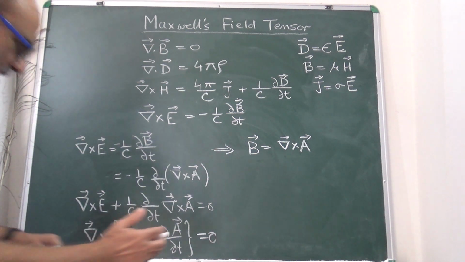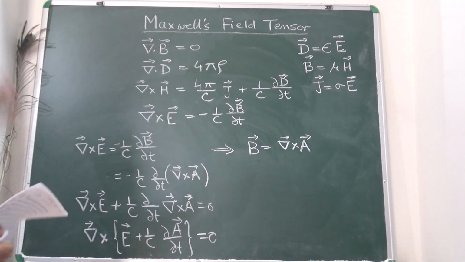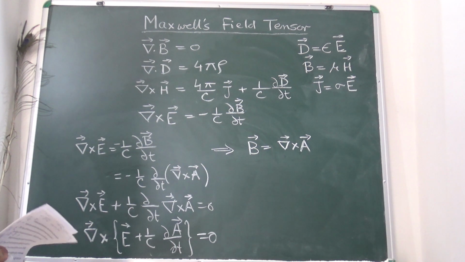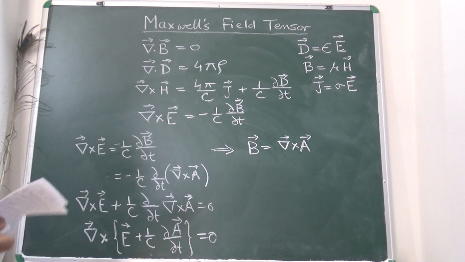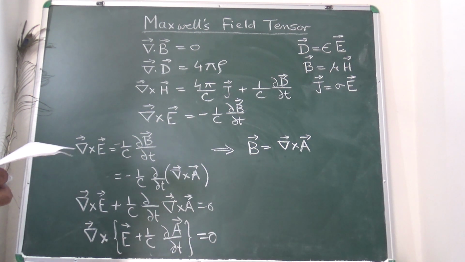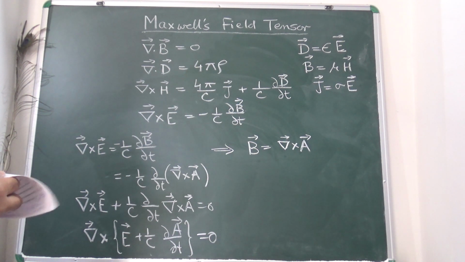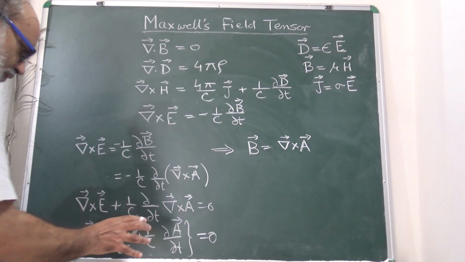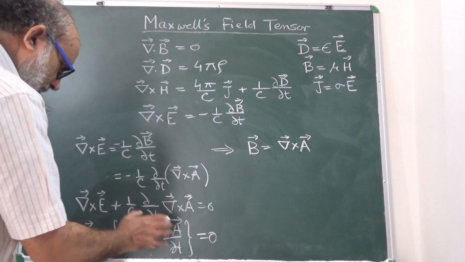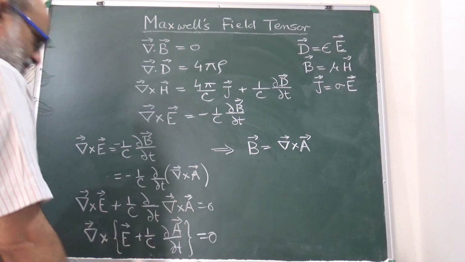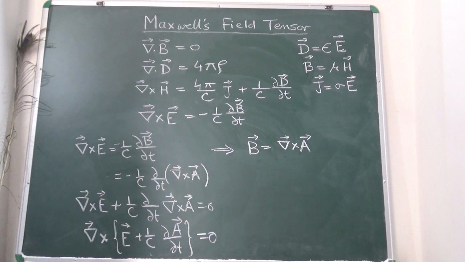So this is another vector, and it has zero curl. It means this vector can be expressed as the gradient of a scalar field, because we know that the curl of a gradient is 0.